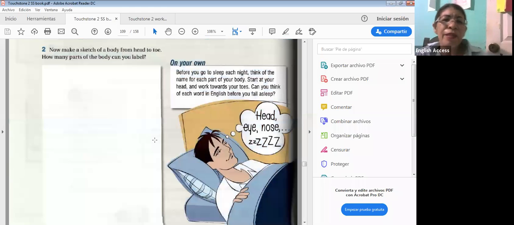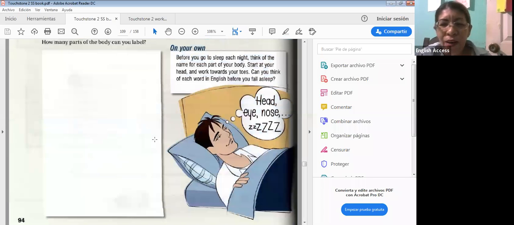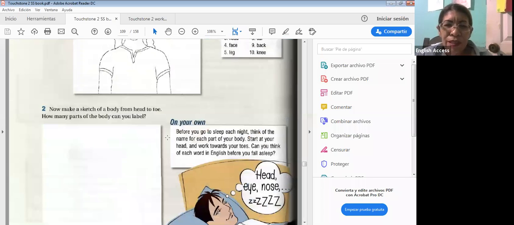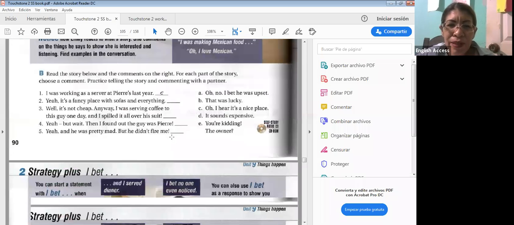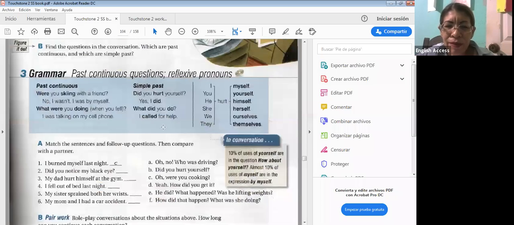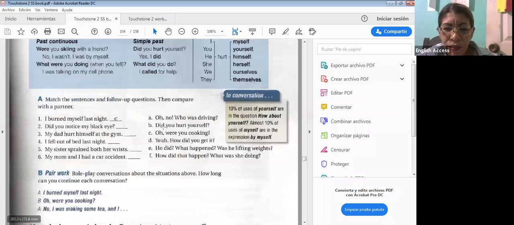How many parts of the body can you label? Well, you can do this activity at home. The thing is that we are not together, so we cannot see our pictures. So let's see. I have another exercise for the reflexive pronouns, so we can do another one.